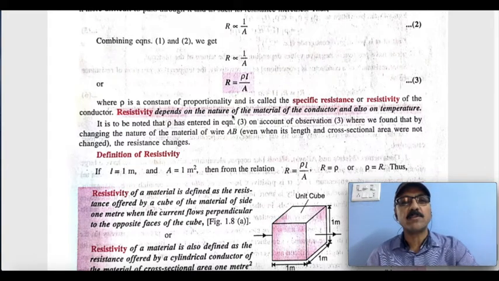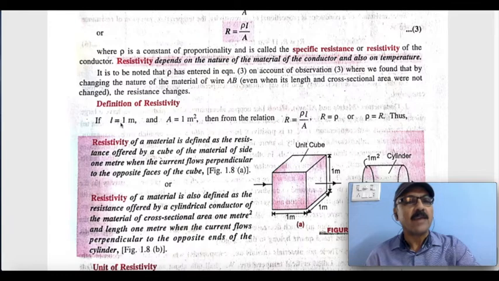Remember, resistivity depends on the nature of the material of the conductor and also on temperature. Resistivity does not depend on length and area.